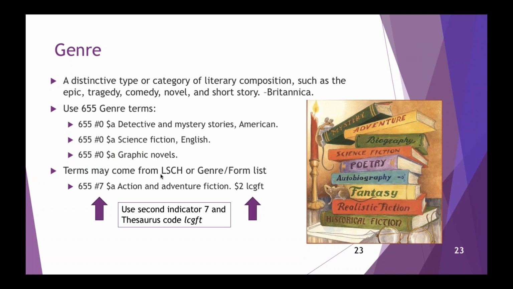So LCSH has been mined for these. It's an ongoing project where these terms are being added to the genre form list itself. When you use the genre form list as your source, the second indicator of the 655 should be a 7, and then in subfield 2 we use lcgft to identify that particular vocabulary.